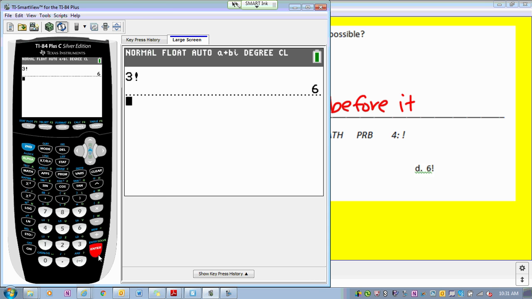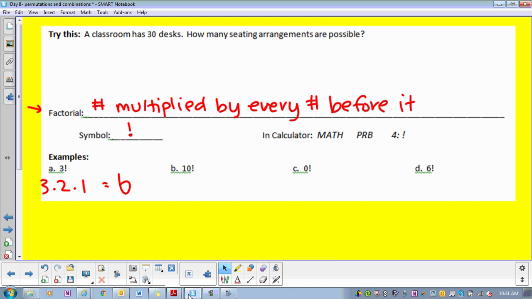I want you guys to try this. What is 10 factorial? I want to make sure that you guys know how to put this into the calculator too. I got a big number.